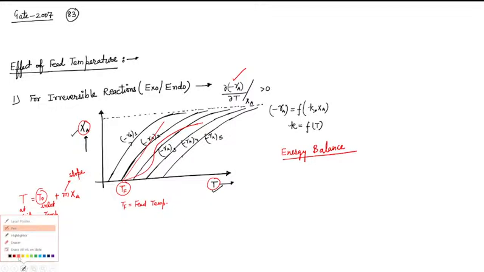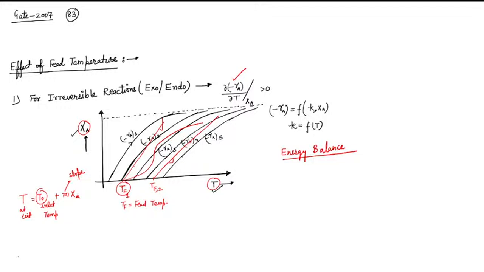In the previous case, this was the feed temperature Tf1. Now if I'm getting, from the energy balance, this curve or this curve, with the same slope. But if the feed temperature is increased to Tf2, with the same slope, then what will happen?